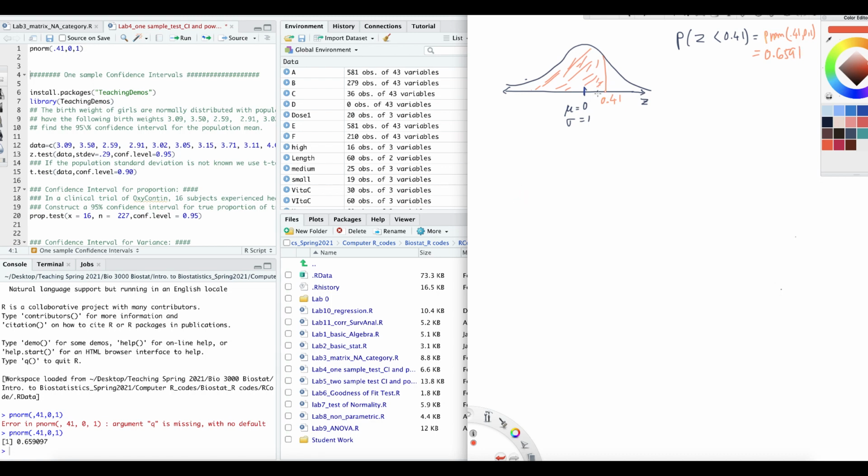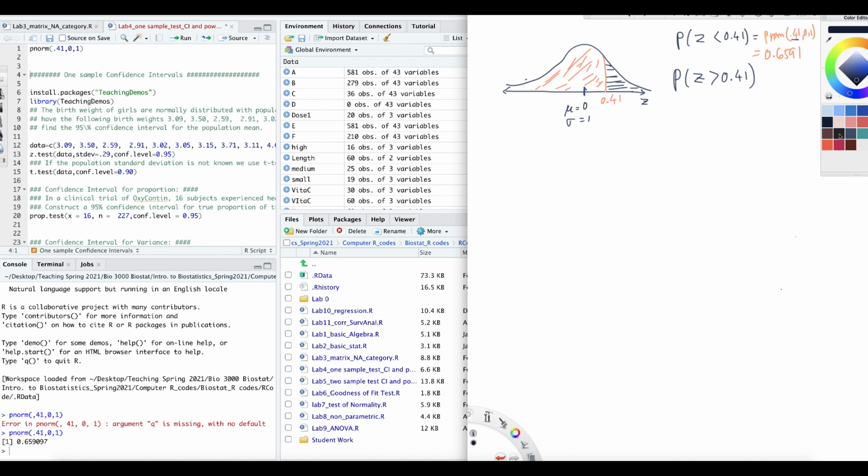But if you want to find the area right of that, we denote it by P(Z greater than 0.41). How do I find that? pnorm always finds the area left of a number.